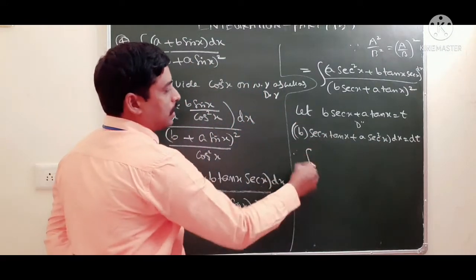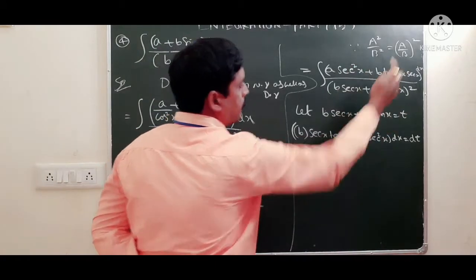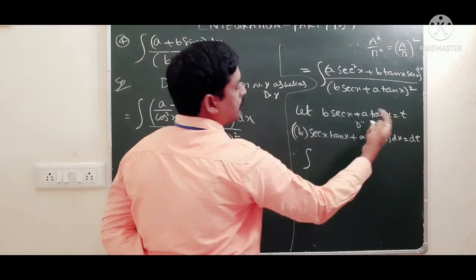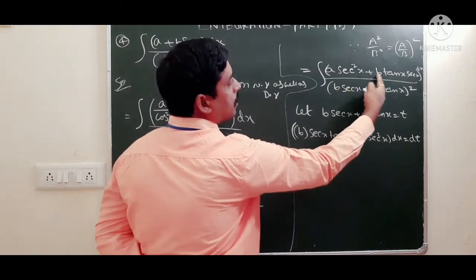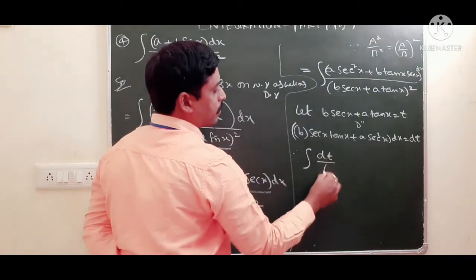Now in the integral, if the denominator is t, then the numerator will be dt: a secant square x plus b tan x secant x into dx gives dt by t square.